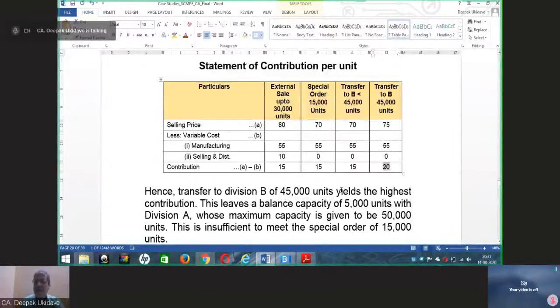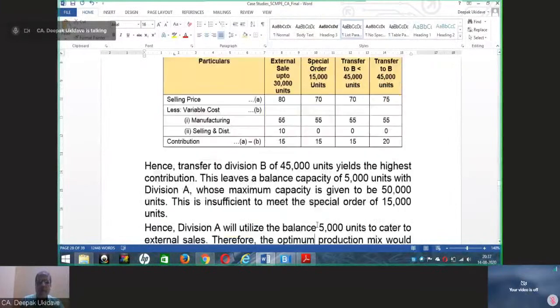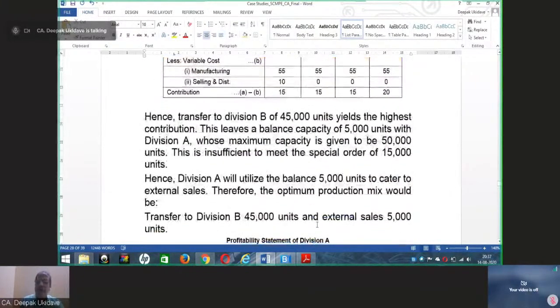So this leaves a balance capacity of 5,000 units with division A, whose maximum capacity is given to be 50,000 units. This is insufficient to meet the special order of 15,000 units, and hence division A will utilize the balance 5,000 units to cater to external sales.